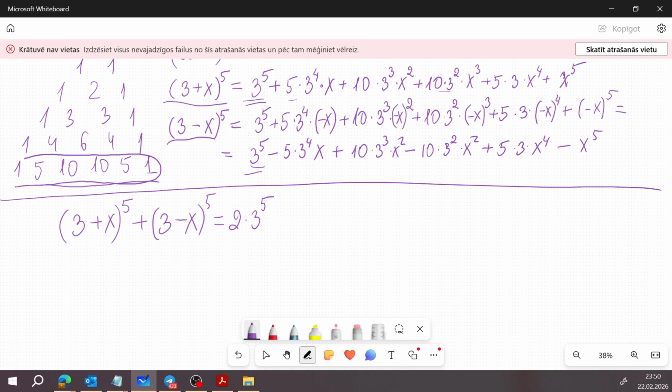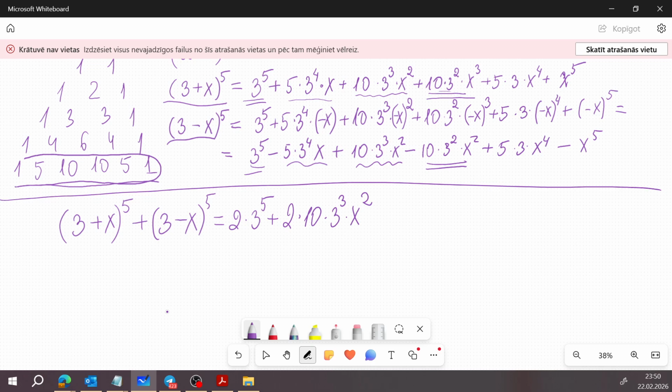These terms will disappear because they are opposite. Now we need only that term and that term: plus 2 times 10 times 3 to the power of 3 times x squared. The next terms, this one and this one, will be summed together and will disappear.